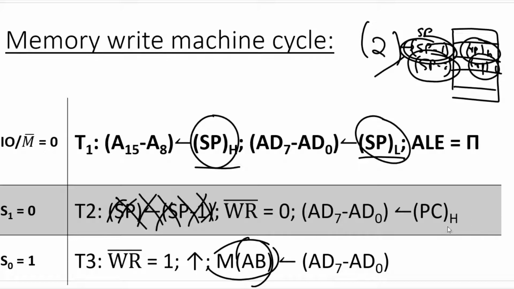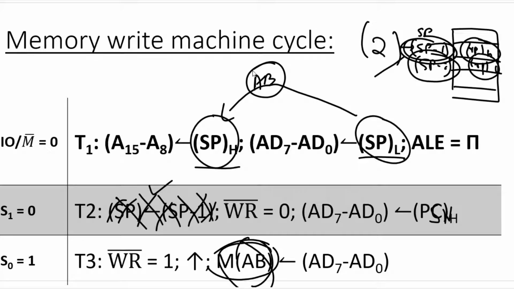data bus, but in this case what will be loaded onto the bus in memory write machine cycle number 1 is PSWH. It will be loaded onto the data bus. At that time SP will be decremented by 1, and from the data bus it will be moved to the memory location based upon whatever the address bus is carrying, and the address bus at that time is carrying the location stored in the stack pointer.